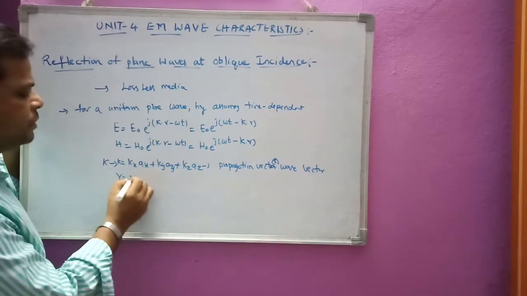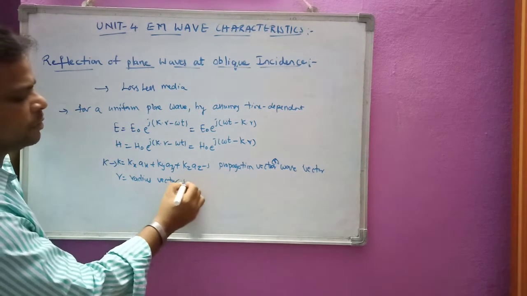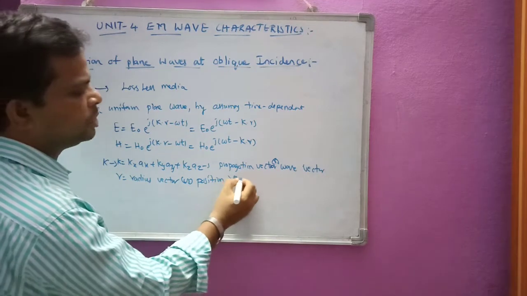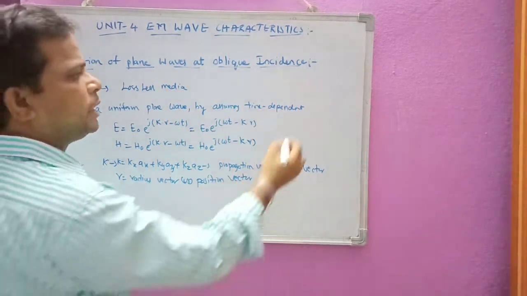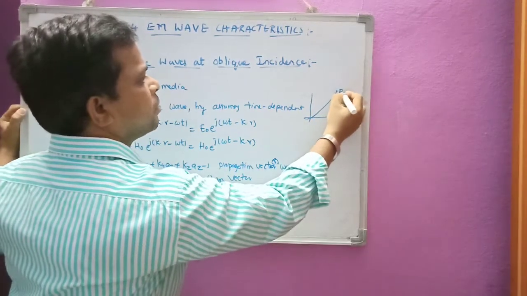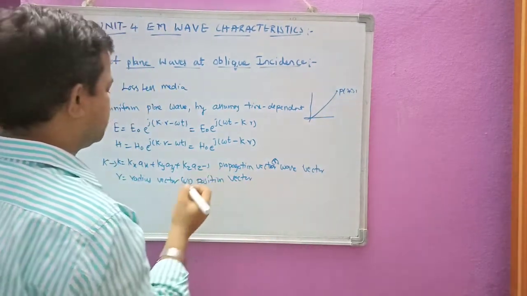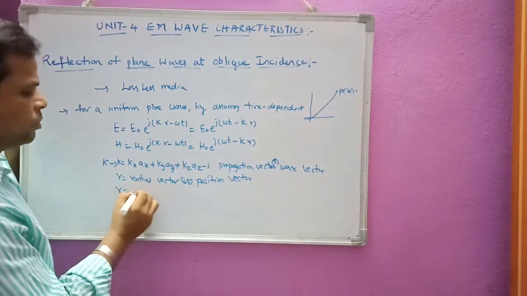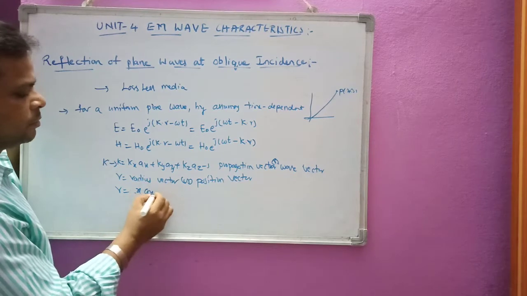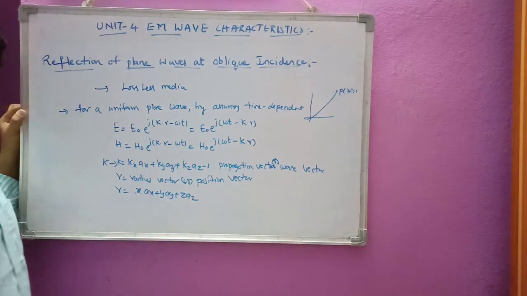R is the radius vector or position vector. Hope you know what is position vector. Position vector is calculated from the origin. If you have some point x comma y comma z here, it is a position vector. So I can write r is equal to x ax plus y ay plus z az, the position vector here.